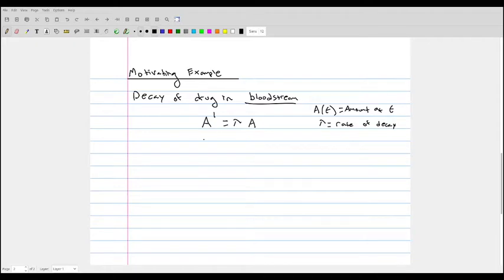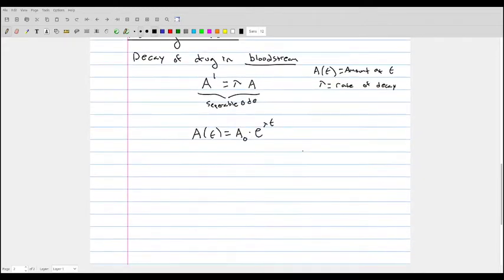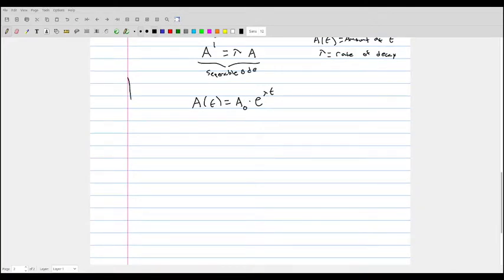And we've seen that the solution of this separable differential equation, the amount as a function of time, is equal to the initial amount times e to the lambda t, which for a constant initial amount and constant value of lambda, where lambda is negative, gives you an exponentially shaped curve.